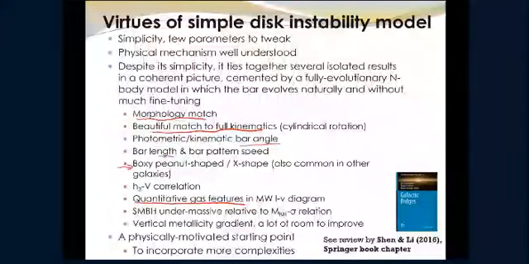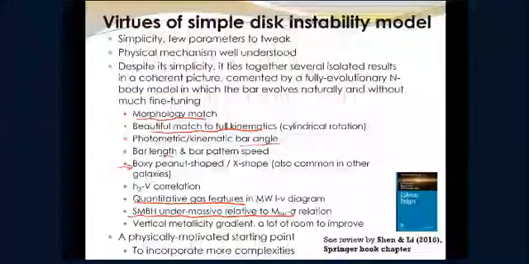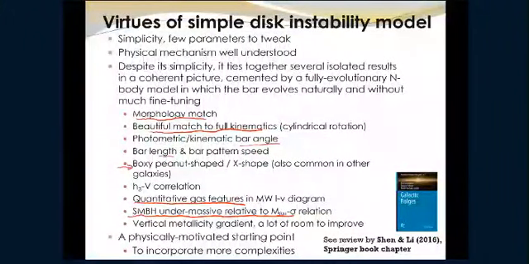And because our Milky Way doesn't have a classical bulge, this helps explain the fact that the Milky Way supermassive black hole is a little bit undermassive relative to the M-sigma relation. We think this model is really a good starting point, and you can gradually incorporate more complexity in the future.